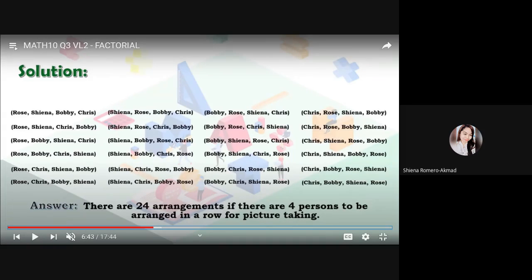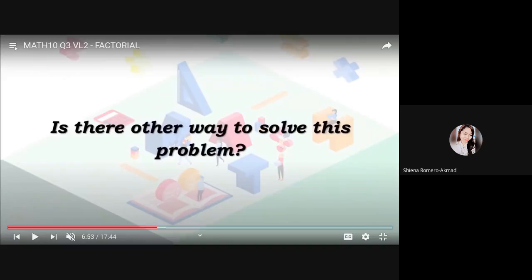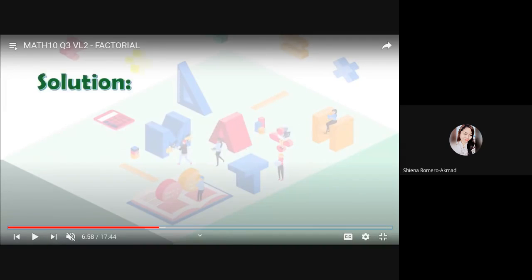Kaya lang, if you look at the situation, it will be time consuming for you to count and of course for you to write it, to solve it this way. So we are going to look for an easier way for us to solve this problem, and that is by looking at the positions.